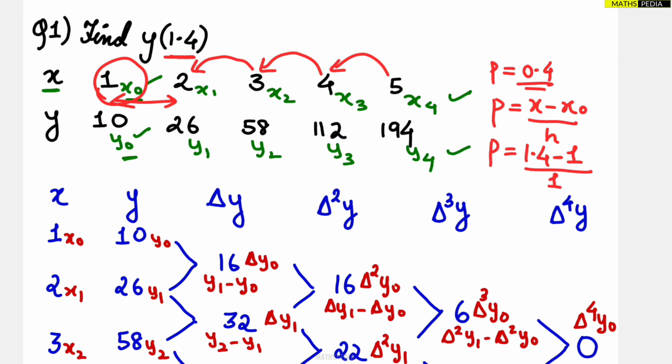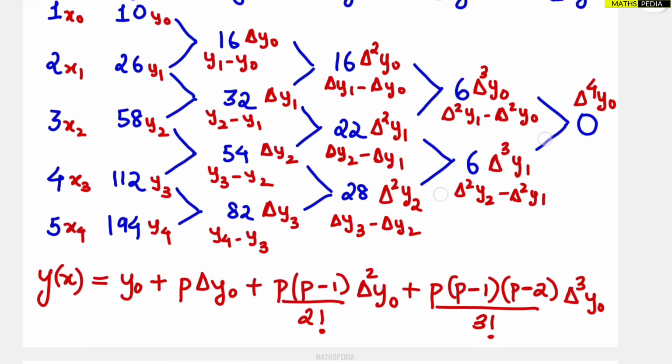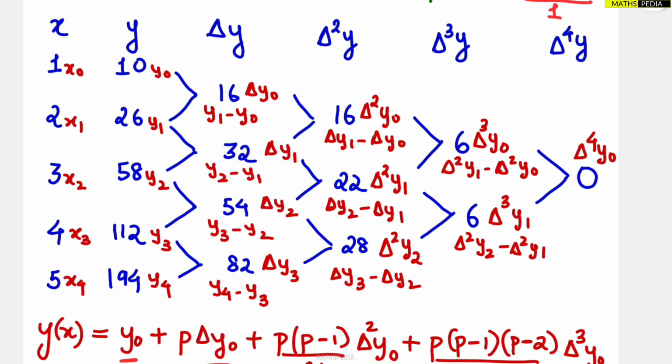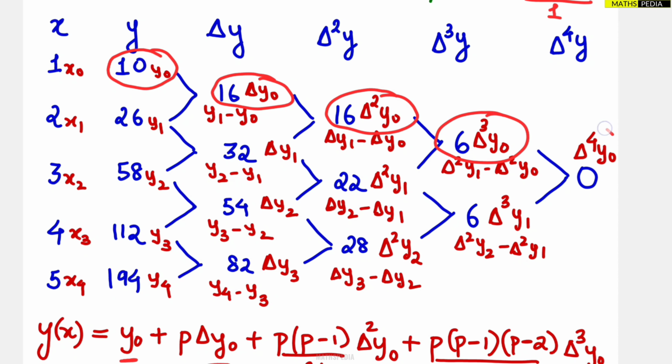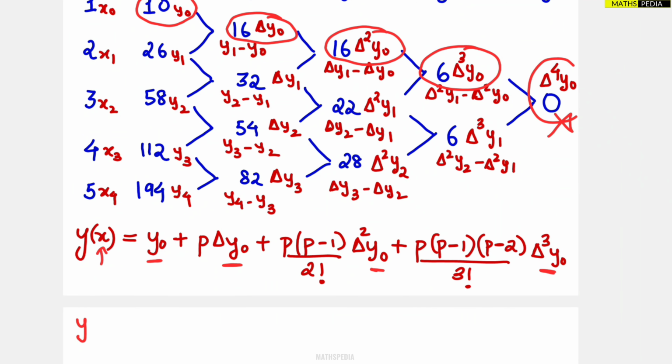Now we have to substitute the values over here. In the formula only the starting values of all the columns are there, right? So we consider this value, this, and this. This one anyway is not required because it is 0. So I have to find y at x equal to 1.4.